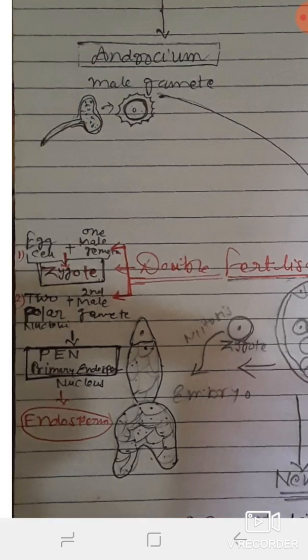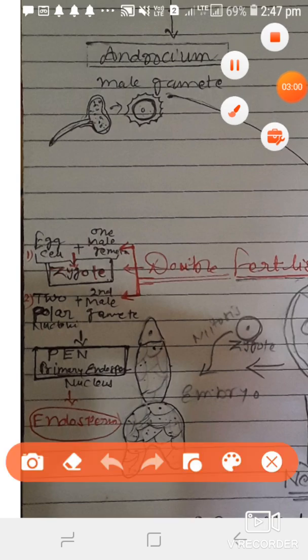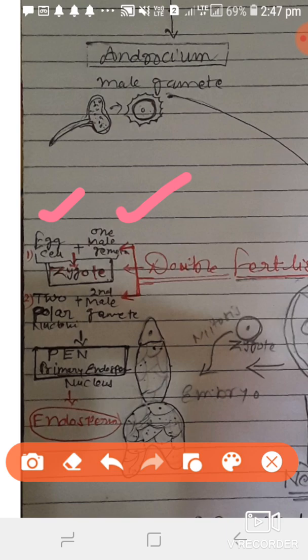As you can observe here, this is the condition of double fertilization. The egg cell is there, plus one male gamete. When both of these fuse, they form the zygote.